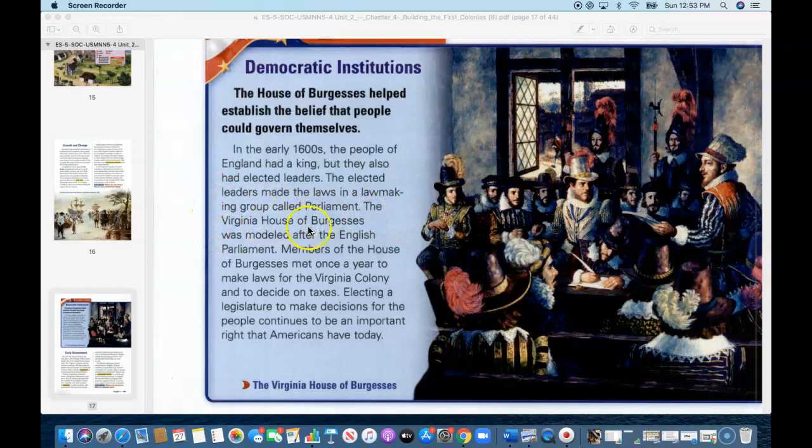The Virginia House of Burgesses was modeled after the English Parliament. Members of the House of Burgesses met once a year to make laws for the Virginia colony and to decide on taxes. Electing a legislature to make decisions for the people continues to be an important right that Americans have today.